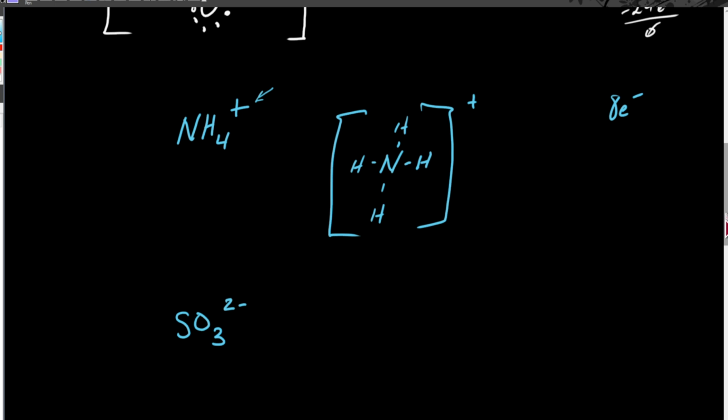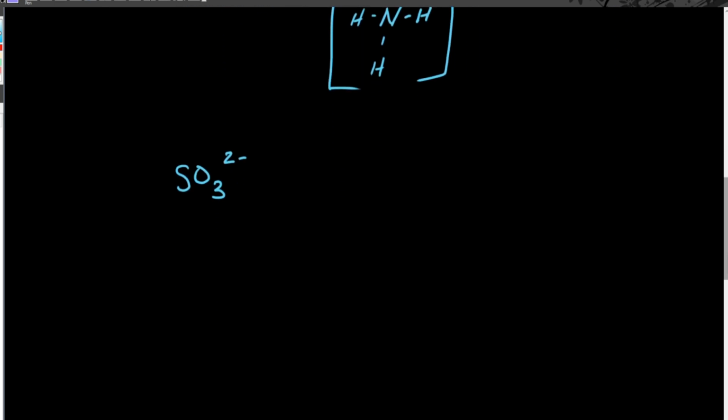All right. Last one. Sulfur. Sulfur is in the oxygen group, so we're going to get 6 electrons from sulfur. Oxygen, 3 times 6 is going to give us 18 electrons from oxygen. That's a total of 24 electrons.